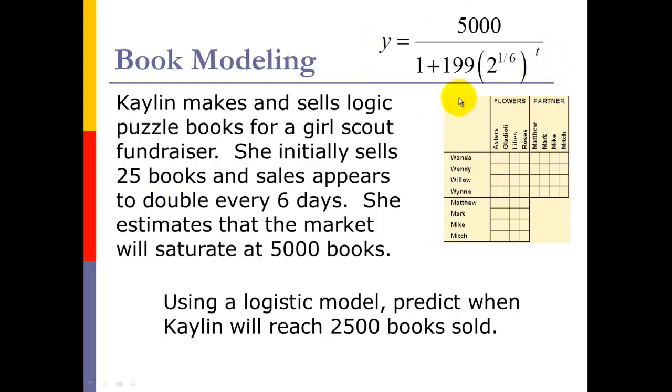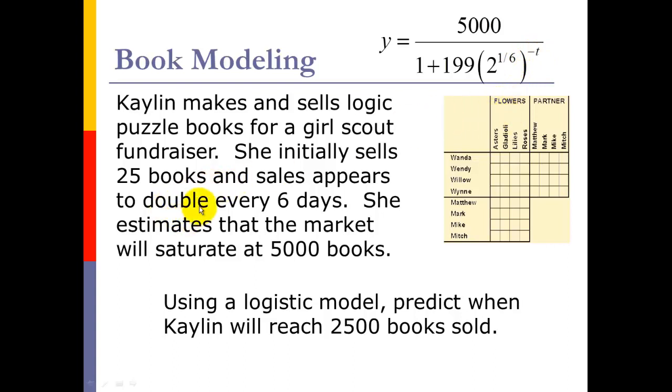Now how did I get this model, you might be asking? Well, we have a saturation mark. We have a ceiling of 5,000, and the ceiling is basically our numerator value. We are doubling every 6 days, and so doubling is a 2 to a power, and because it's taking 6 days, it's 2 to the 1/6 power raised to the t.